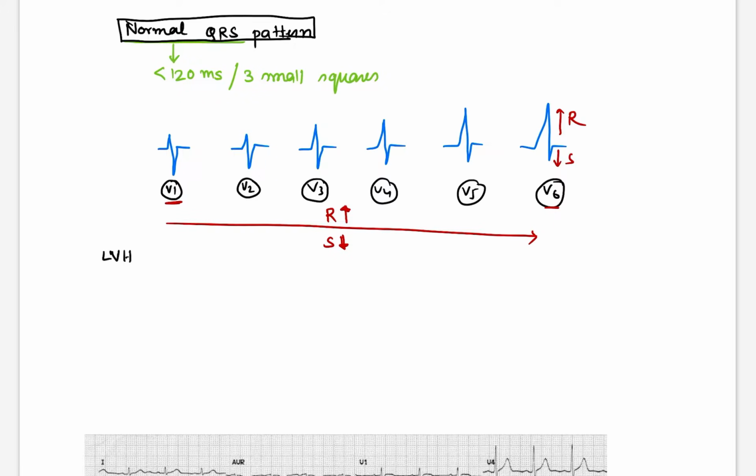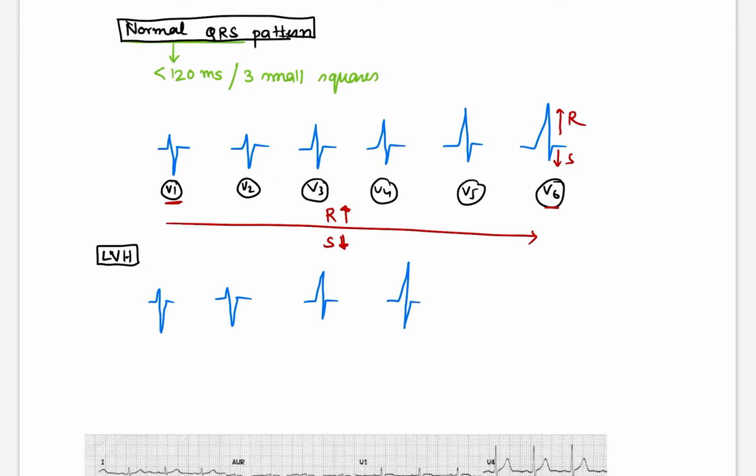In case of left ventricular hypertrophy, these changes will be exaggerated. That means the height of the S wave will be much larger in V1. So the QRS complex will be like this.